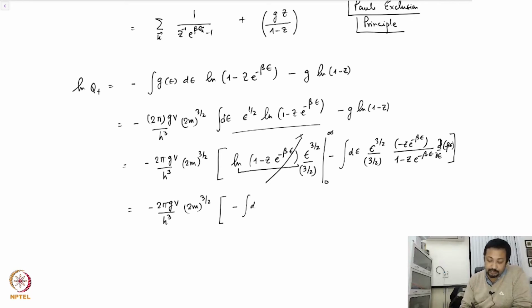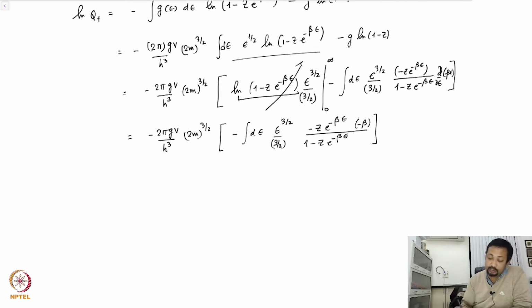This is minus the integral d epsilon of epsilon to the power 3/2 divided by 3/2, minus z e to the power minus beta epsilon over 1 minus z e to the power minus beta epsilon, and then the derivative of minus beta epsilon is just minus beta, so this minus and this minus give you a plus, and this minus and this minus give you a plus.